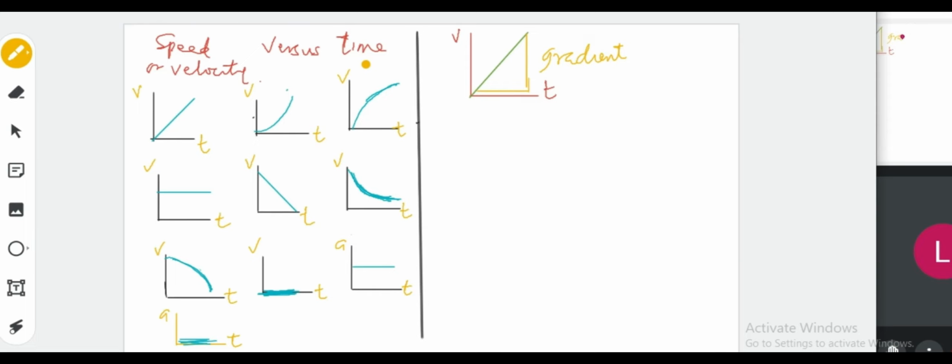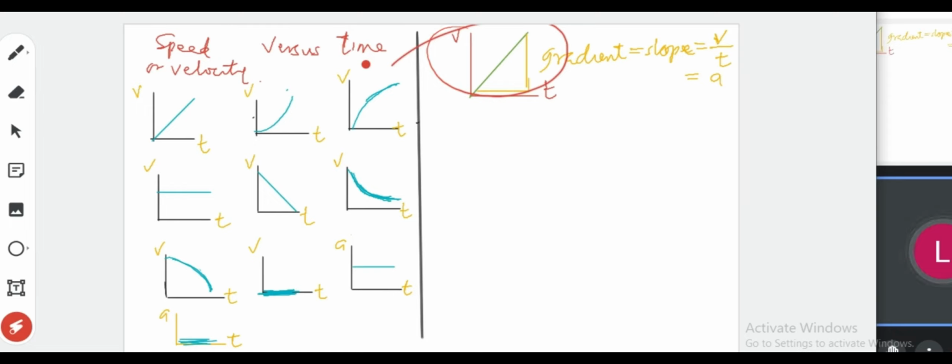Remember, gradient or slope is change in V over change in time. That will give you acceleration. So the slope for a velocity against time gives acceleration.